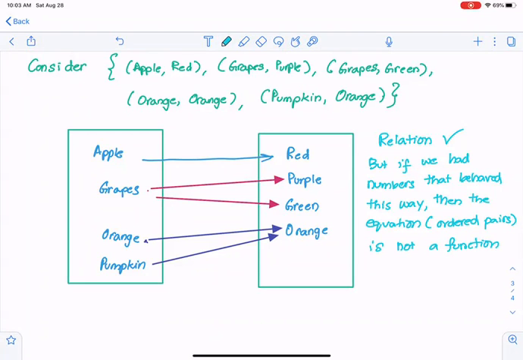Specifically speaking, what would make it not a function is this part.